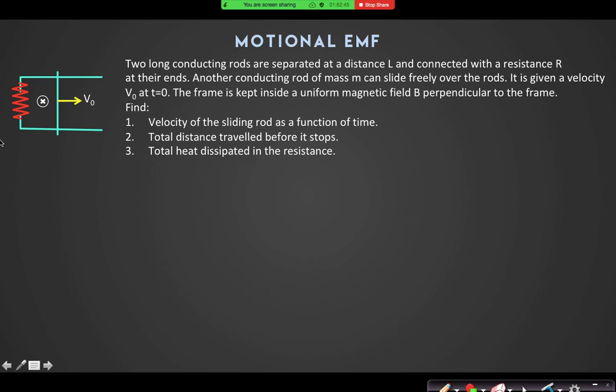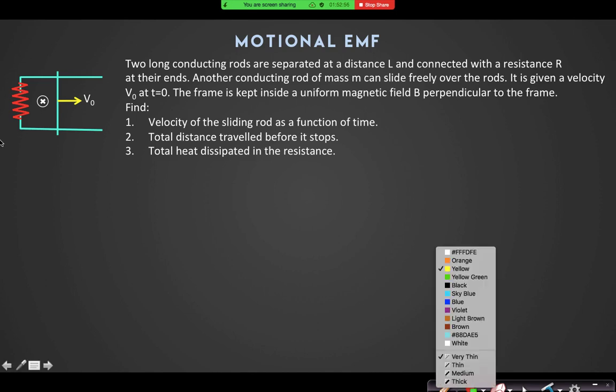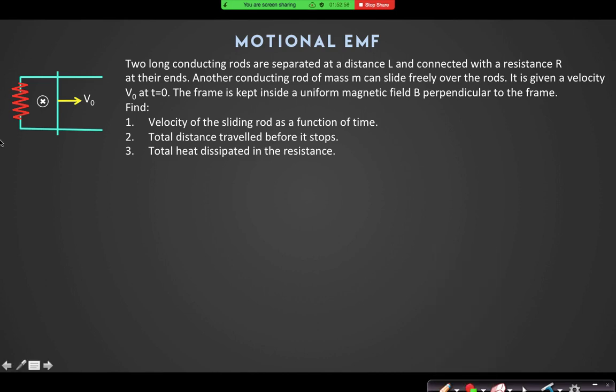Two long conducting rods are separated at a distance L and connected with a resistance R at their ends. So, in this question, these are two long conducting rods. This is resistance R, they are connected at their ends. Another conducting rod of mass M can slide freely over the rods.